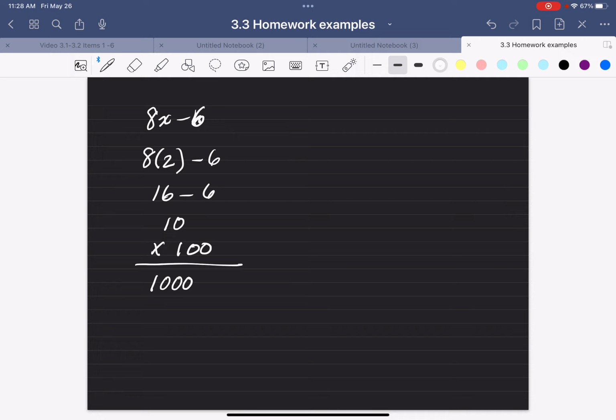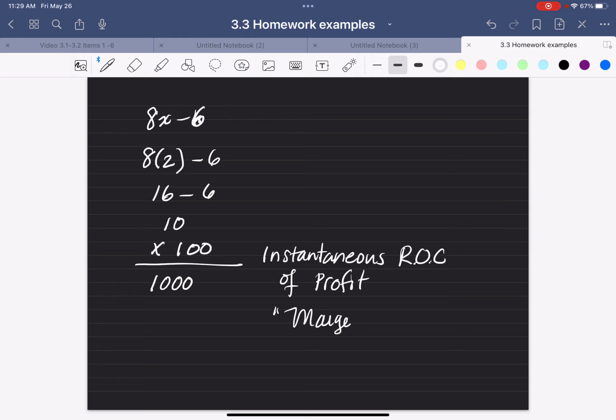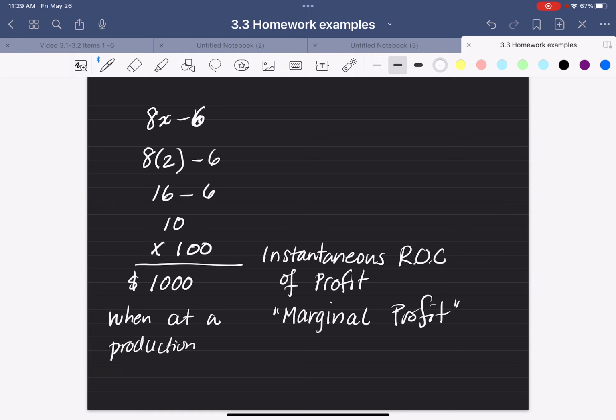So my instantaneous rate of change of profit, which is also known as the marginal profit, okay, marginal profit, let me spell that out, we can read it, marginal profit is $1,000 when at a production level of 2 items.